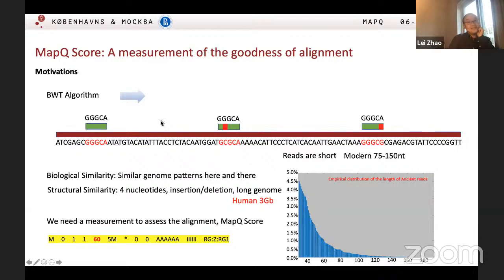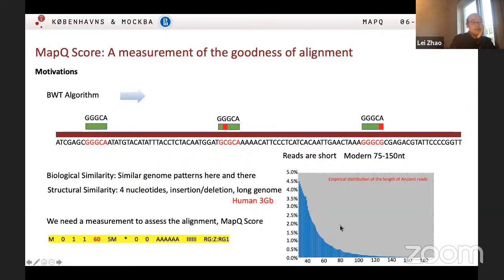And what makes things more complex is the data. For short read data, if it is modern, it'd be like 75 to 150 nucleotides long. And if you go to ancient data, because of deamination and some postmortem damage, the short reads are always around 40 to 60 base pairs long.